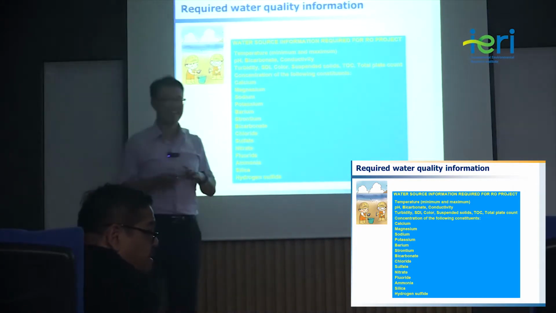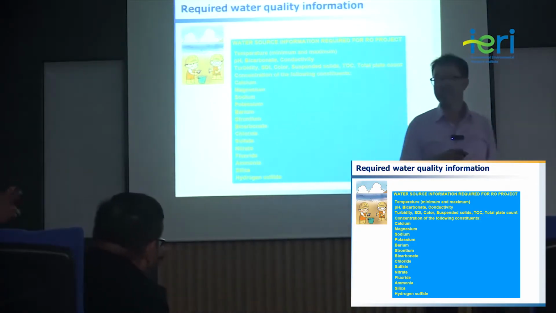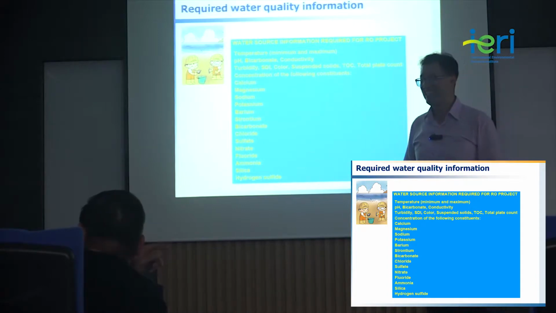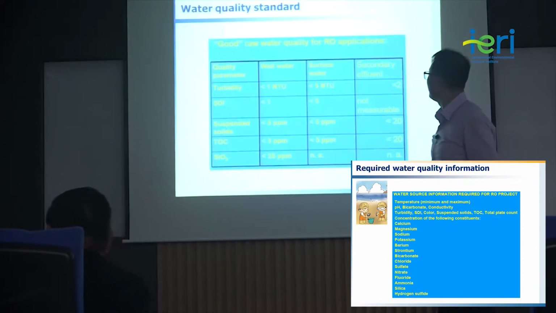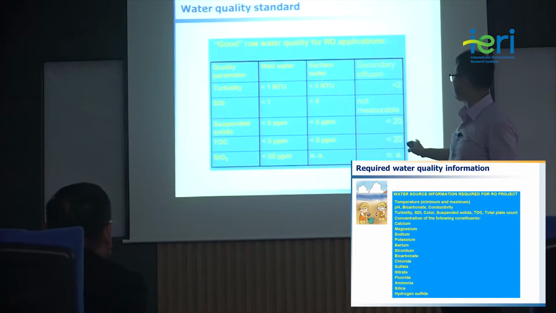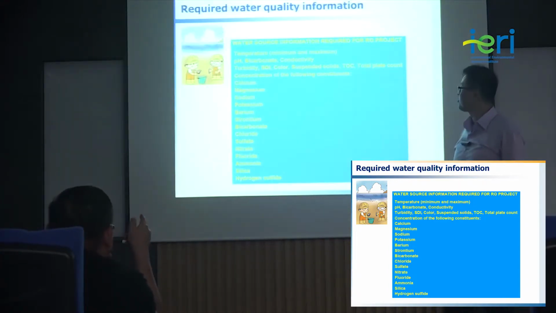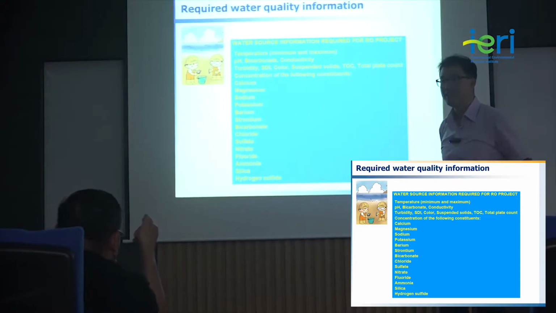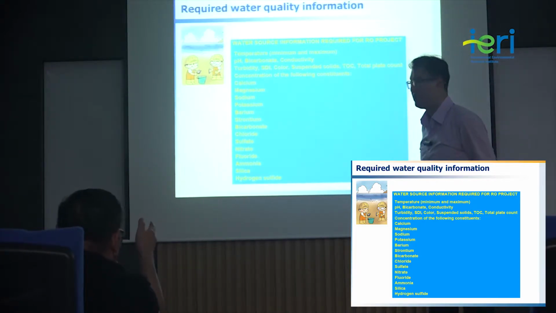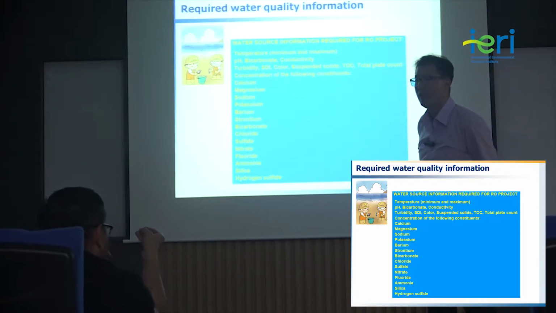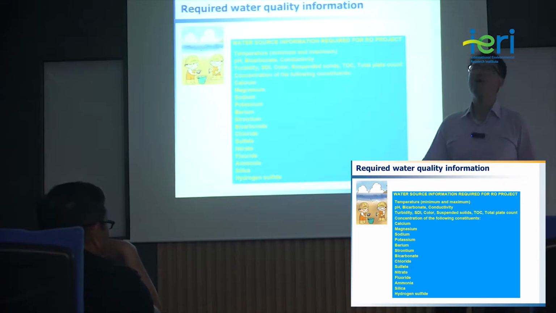I think it's in the next slide. The next slide is showing a different thing. What he said is maybe you can give the standard concentration, how many percent calcium, magnesium, sodium, potassium, so we can get good quality input for the RO.